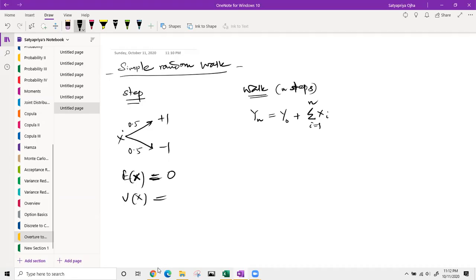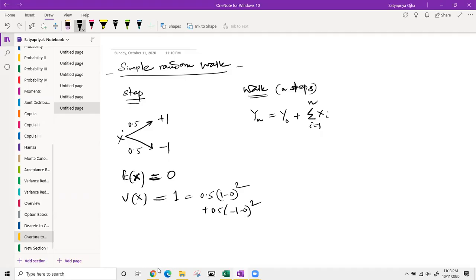Variance of x is, can you tell me variance of x quickly? Variance of my one step is 1. How is it 1? 0.5 times (1 minus 0) squared plus 0.5 times (-1 minus 0) squared.